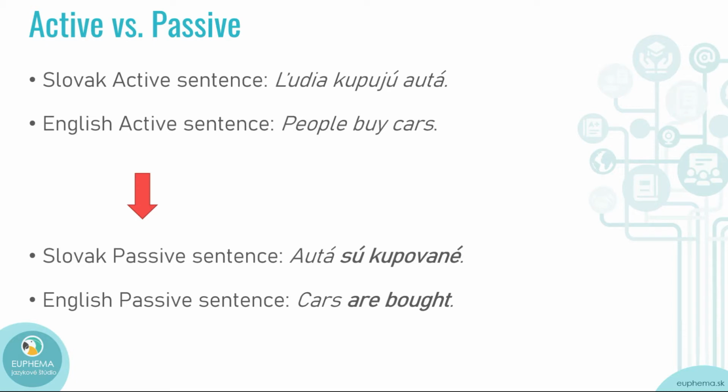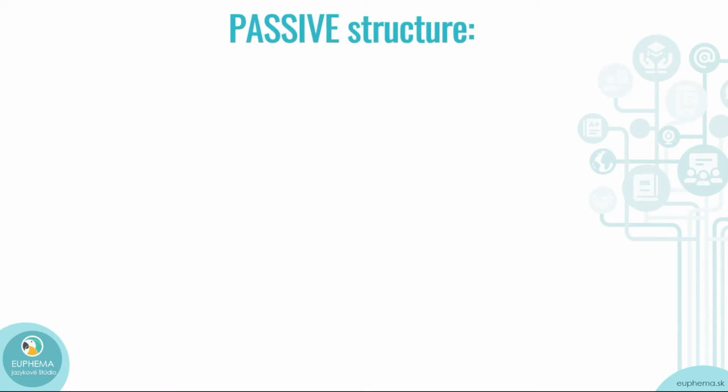Cars are bought. As you can see, now in passive, it's not important who does something, but what is done. Cars are bought. We don't know by who, but they are bought. That's important.